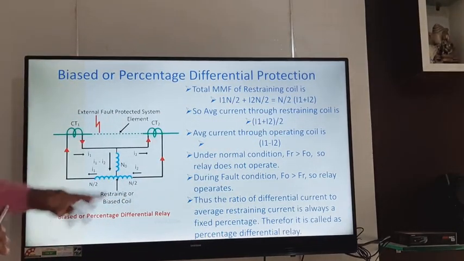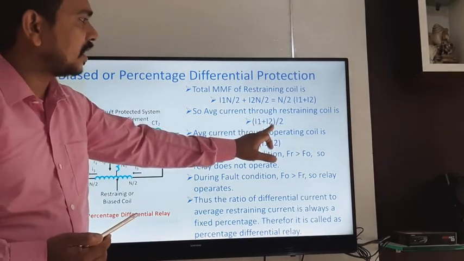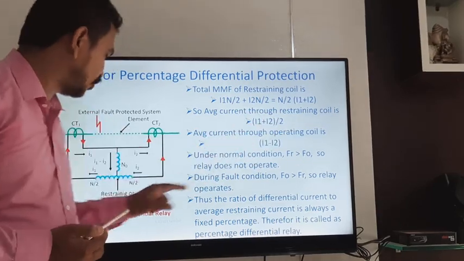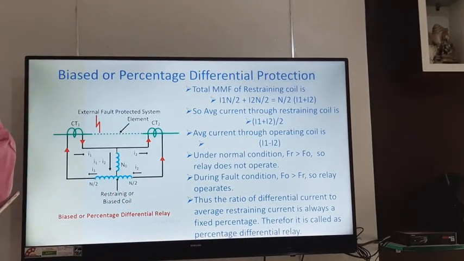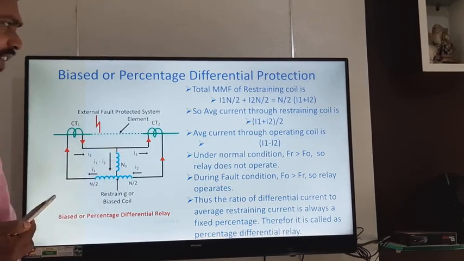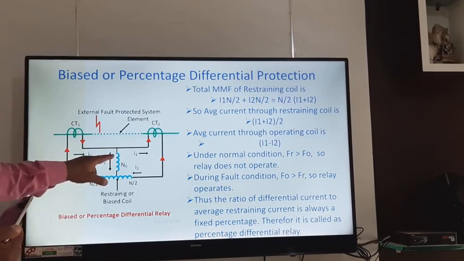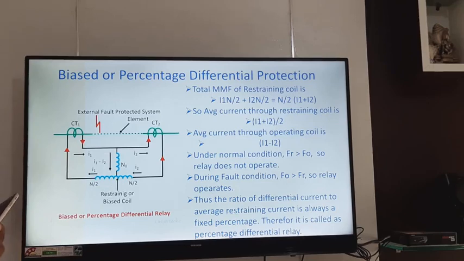So the average current through the restraining coil is (I1 plus I2) by 2. This is the average restraining current flowing through the restraining coil. Now the current flowing through the operating coil is I1 minus I2, which we already discussed.